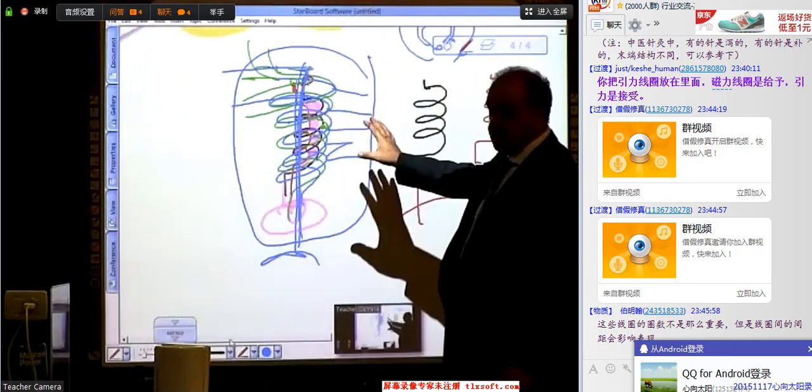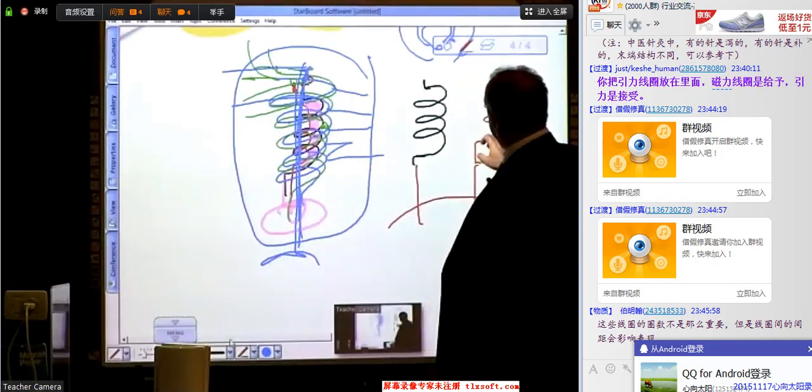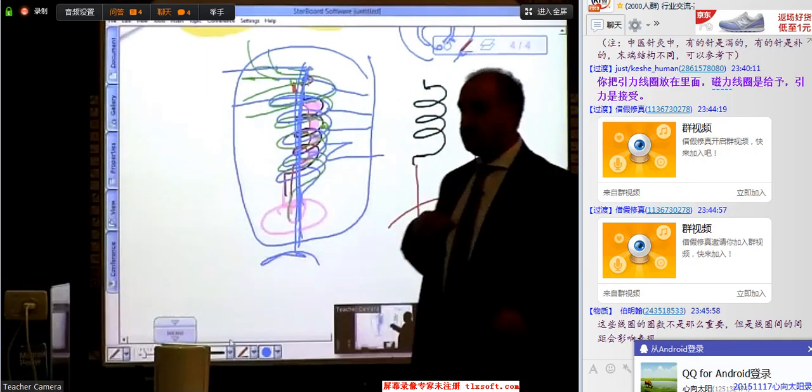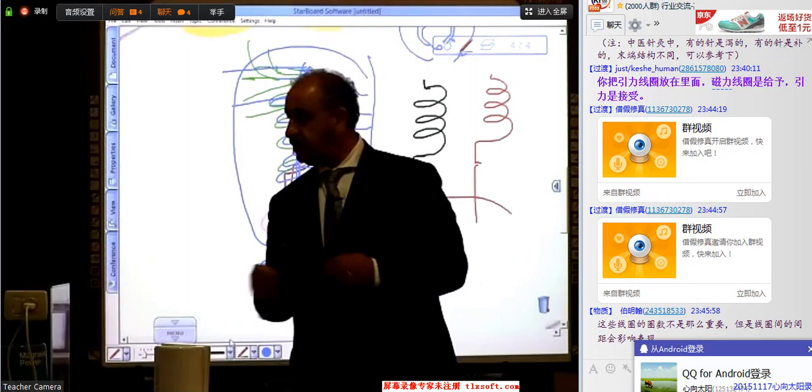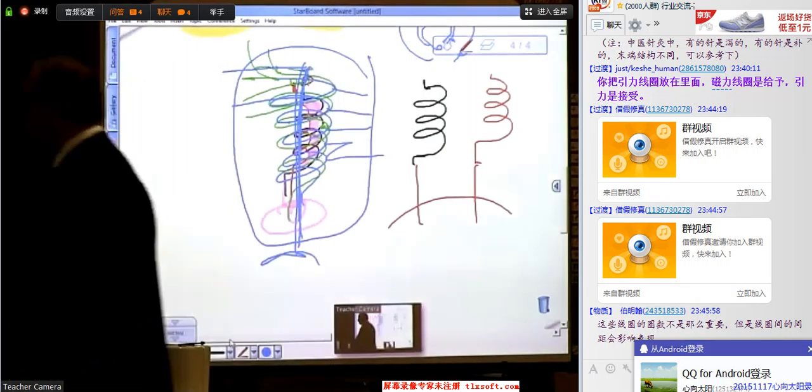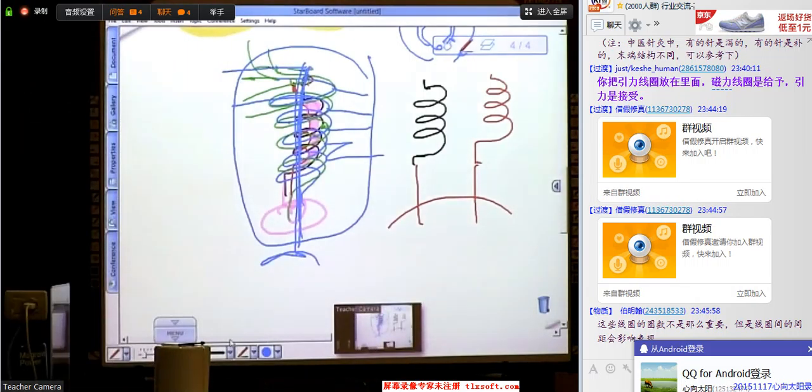If you look at this combination or the normal combination you do, we're missing one coil. Where is it? There we are. No, it's here.